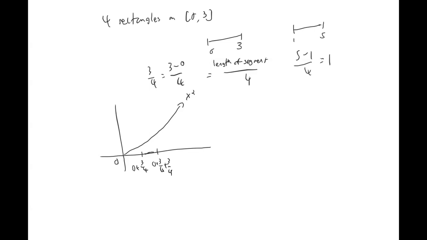So the next one is 0 plus 3/4 plus 3/4 plus 3/4. And then the last one, you do it 4 times, right? And you can see that when you add it 4 times, you actually get 3, right? Because 12 divided by 4 is 3. Bad drawing, should go all the way here.